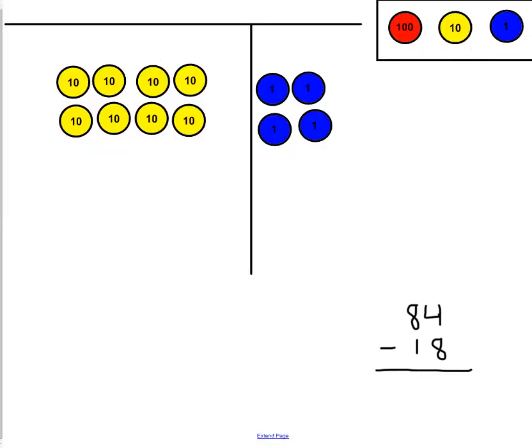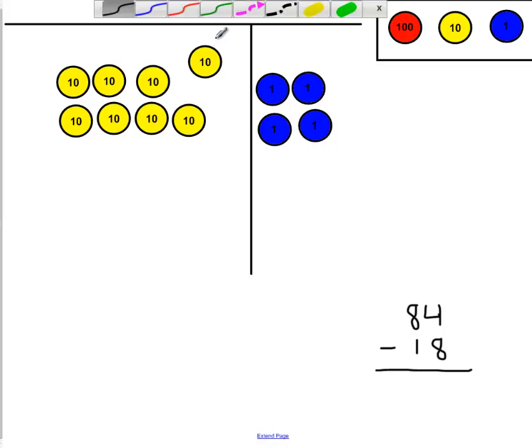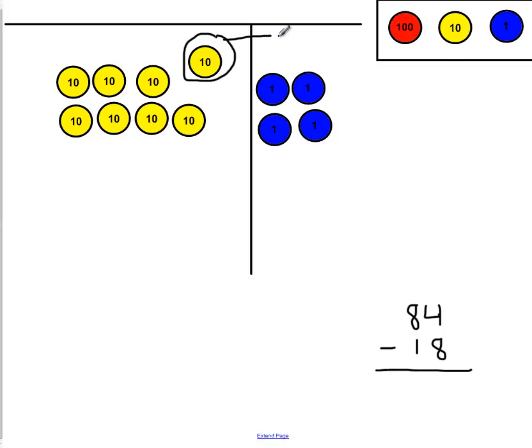When we look at things in bundles a little bit more carefully, then we start to recognize the need to think around what we're doing here. So if I've got 84 and I want to subtract 18 from this, what I can do is say, well, all I have to do is take one of these tens and split it apart. So I'm going to take one of these guys over here and split it apart. I'm just going to show that this one's being used. I'm going to bring it back over here. Before I was bringing things to the other side, and now I'm just going to bring this over here.